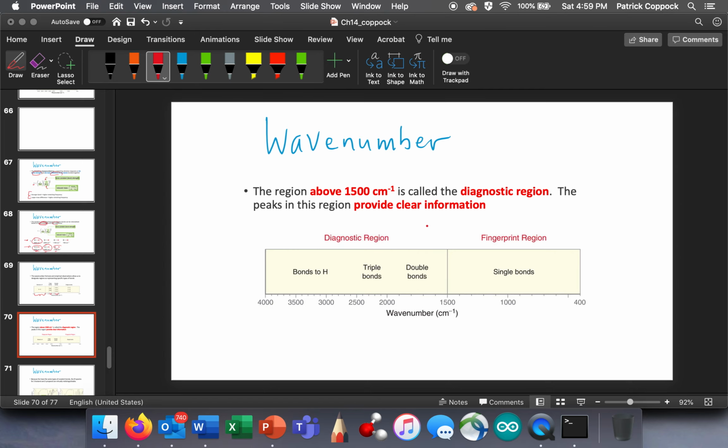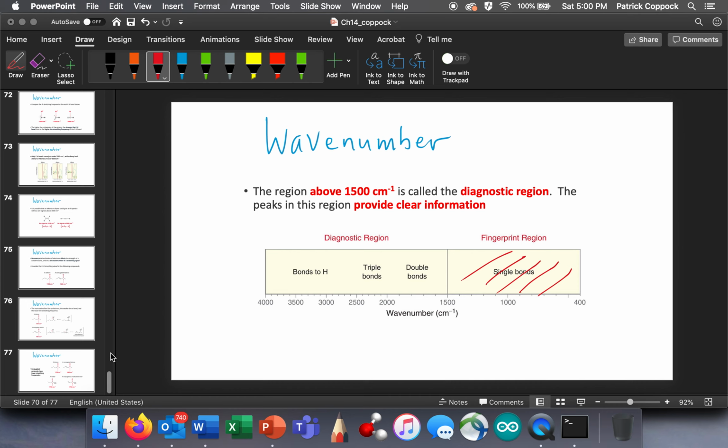Now, the region below 1,500 centimeters, which I said in a previous conversation, is typically called the fingerprint region, and we don't look at it. There's information there, it's clear, but it's not something that's going to be easy for us to extract much information from.